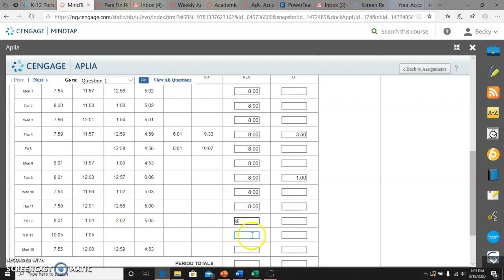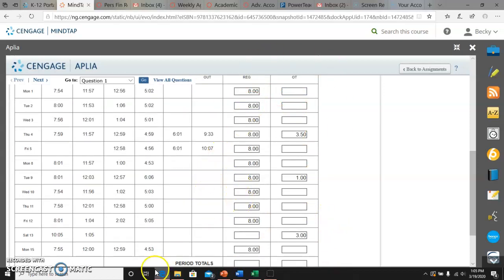And then on Saturday, they worked from 10 to 1. And it's a Saturday, so that's overtime because they've worked 40 hours in a week already. And then on Monday the 15th, we're working from 8 to noon and 1 to 5, so that's 8 hours again. So that's doing the daily calculation.